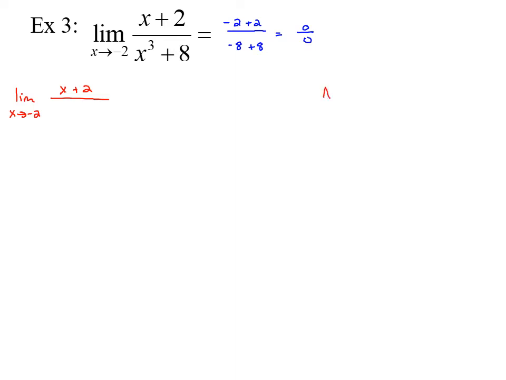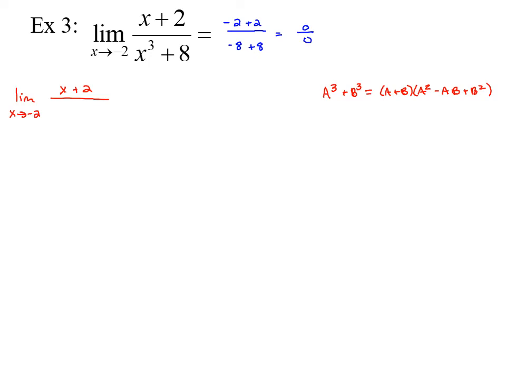So back in algebra, you learned a formula, and I'm going to use a's and b's, that a cubed plus b cubed, that's a sum of cubes, can be factored into a plus b times a squared minus ab plus b squared.